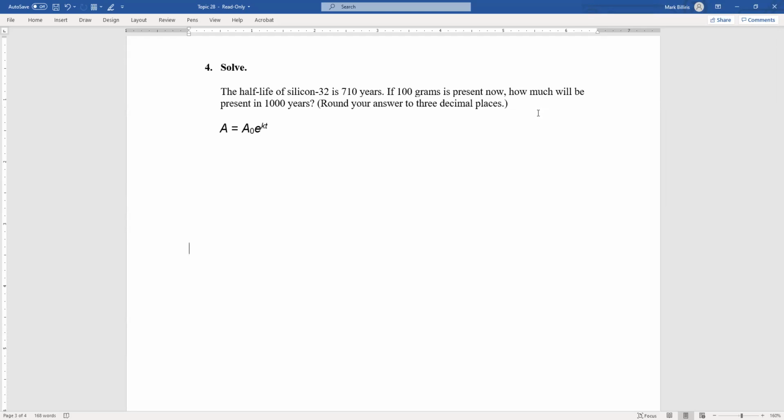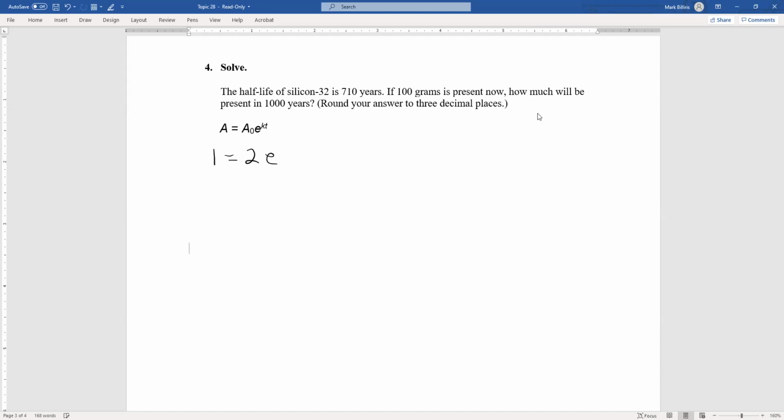If 100 grams is present now, how much will be present in 1,000 years? So again, we need to find that K first. So it says the half-life. So remember what we did before. We put a 1 in for A, and we put in a 2 in for A sub 0.